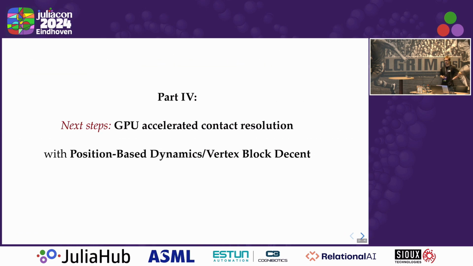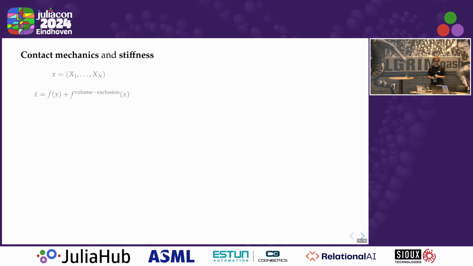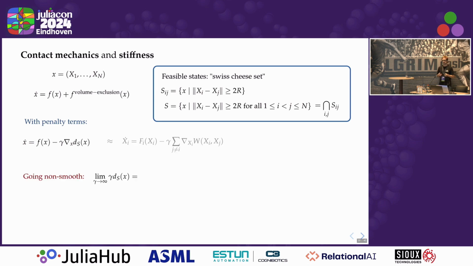So in the end, I wanted to show a bit more mathematical pointers on where I want to go next, to make more agent-based simulations on GPUs. For me, one of the big questions is contact mechanics, because agents pushing each other away leads to very stiff problems, and that means you need small time steps and all of these things that come with that.